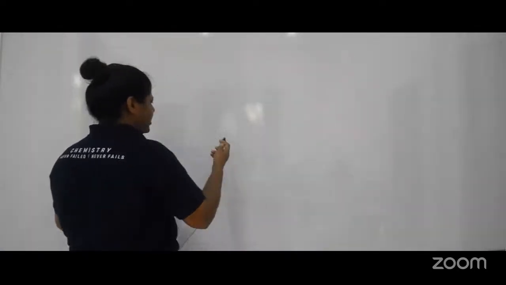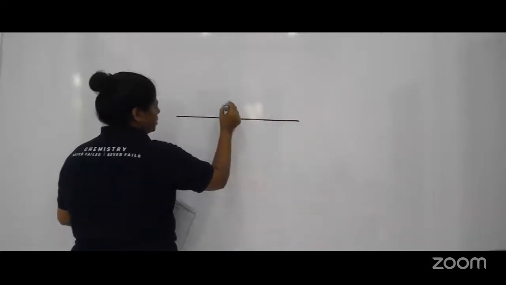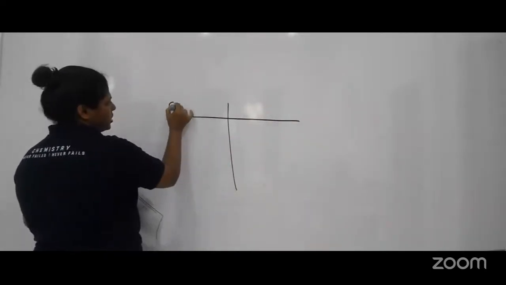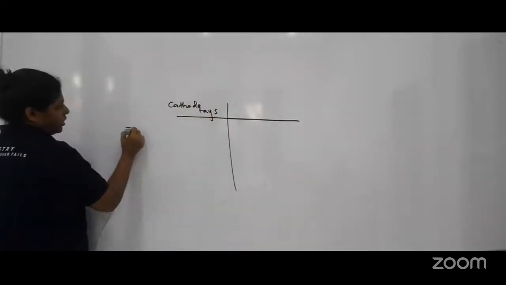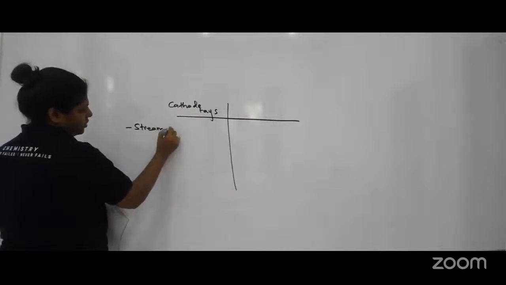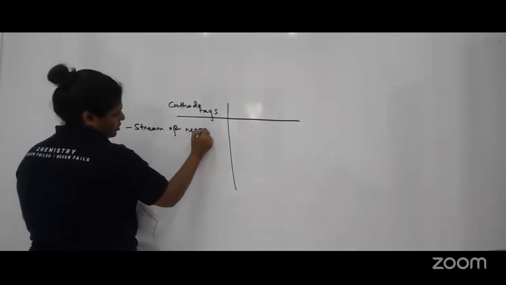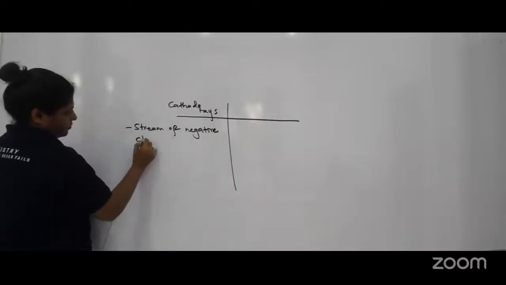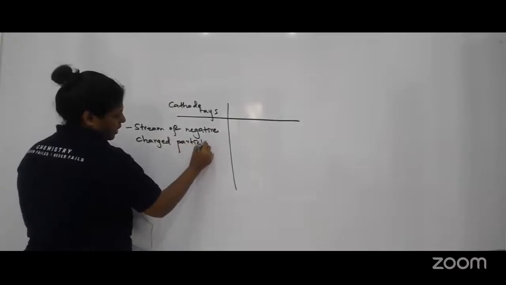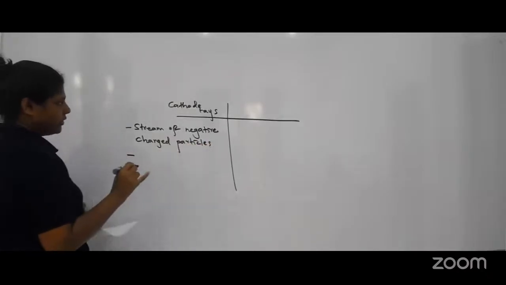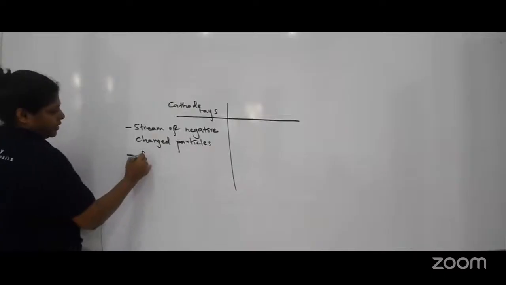And the properties of anode rays. What are the anode rays? Did I give the different names for cathode rays and anode rays? I think not. For different names, cathode rays: stream of negative charge particles, stream of invisible radiation, beam of negative charge particles.